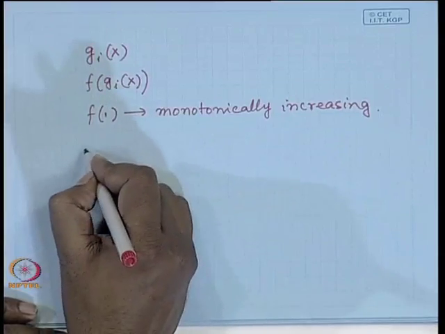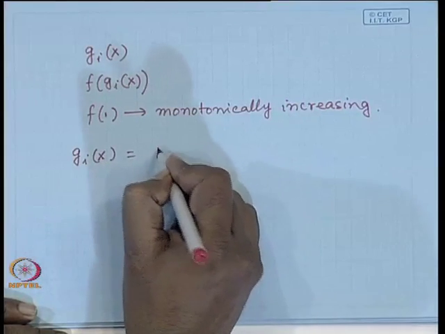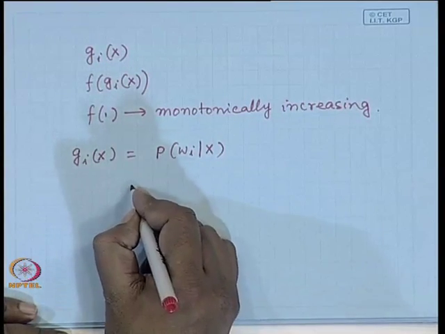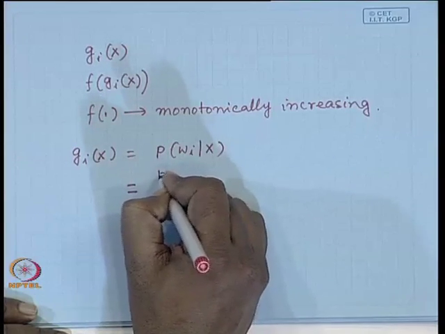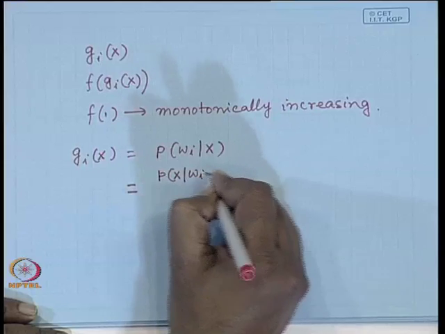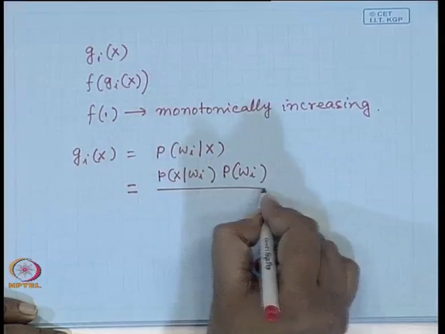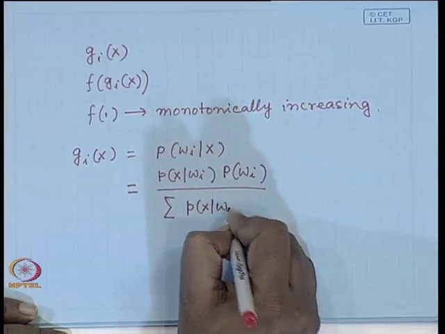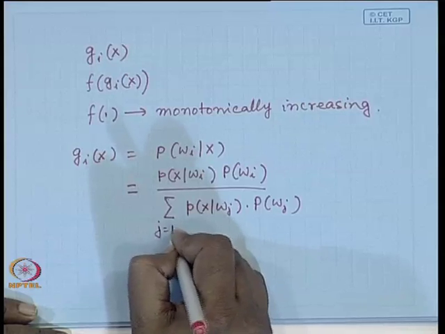Okay. So, coming to a very simple example, the minimum error rate classification. We have said that this g_i(x) is nothing but P of omega i given x. If I expand this, it simply becomes P of x given omega i into the a priori probability P of omega i, upon the summation of P of x given omega j into P of omega j for j varying from 1 to c.